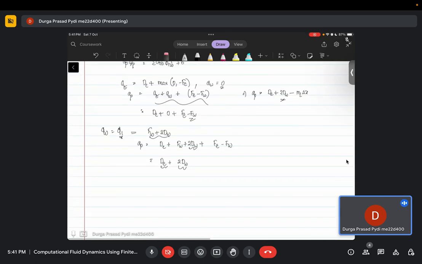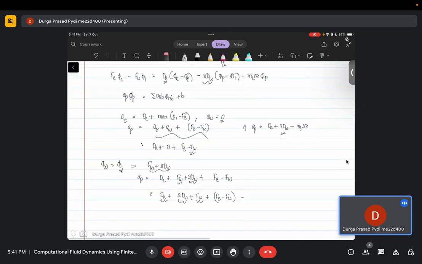If you have instead a Neumann condition, then this term wouldn't be there. And then this FW will get cancelled. This FW is essentially because of the convection on the first boundary. And then we have FE minus FW. To just match with this, I need to put another. So there's supposed to be one FW here as well, right?